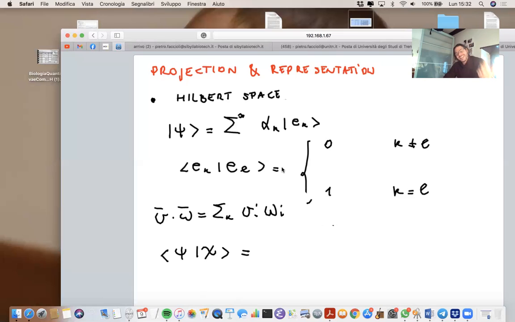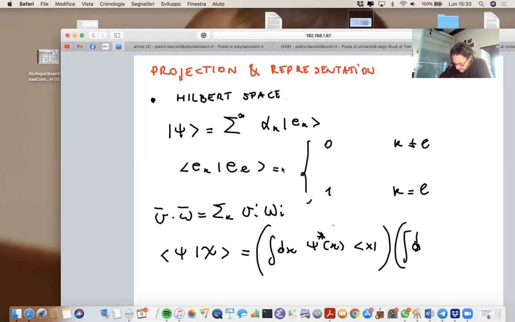Remember, when you act on the left, you have to take complex conjugations. So this is the integral dx psi star of x, I use another index, dy, chi of y.